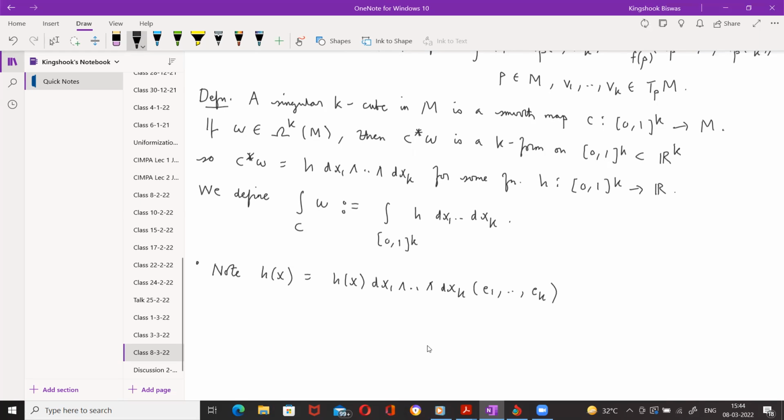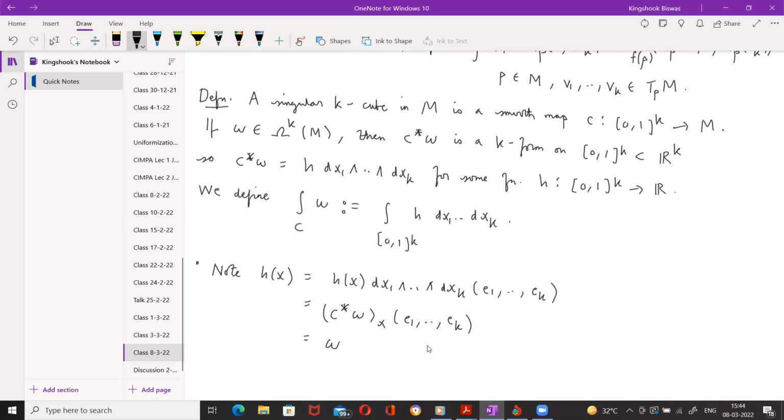So this is nothing but c star omega at x applied to E1 to Ek.